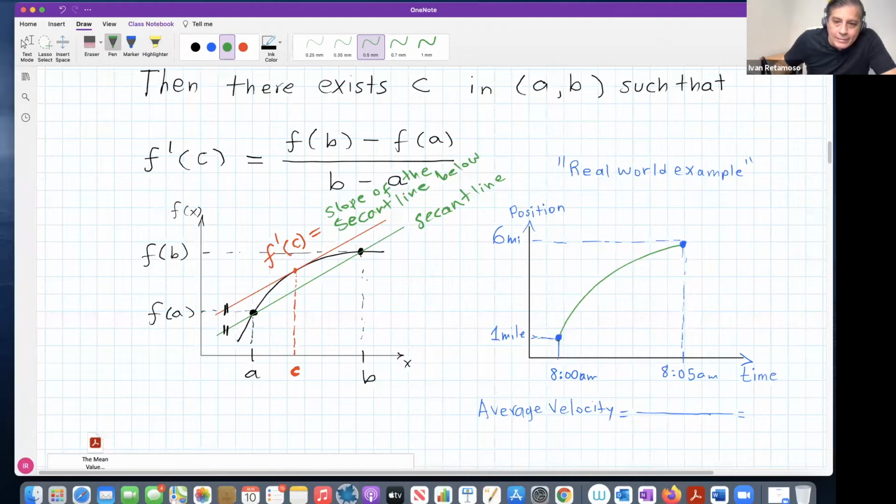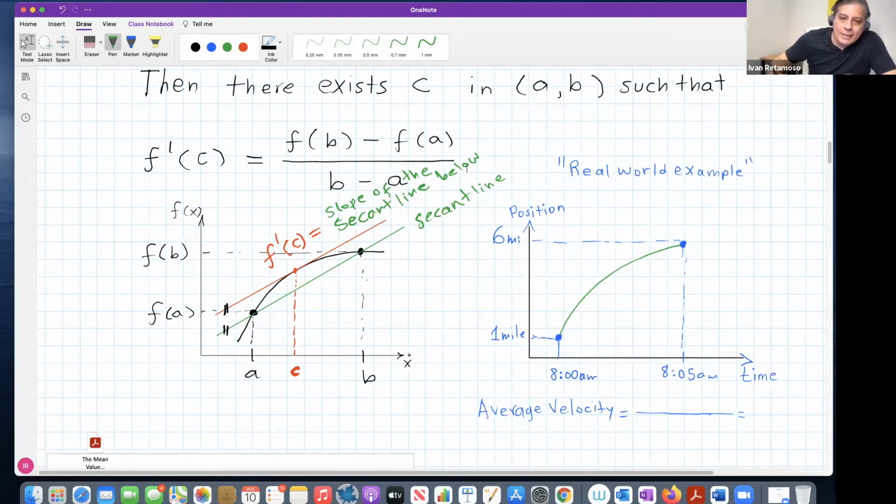For a while, before hitting the highway, you drive a mile. Hit the highway, you start to accelerate. You travel until you reach 6 miles, and then you decelerate, and then you end your trip here at 8:05 a.m., let's say.